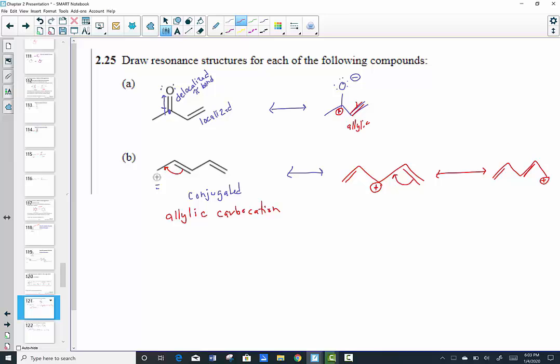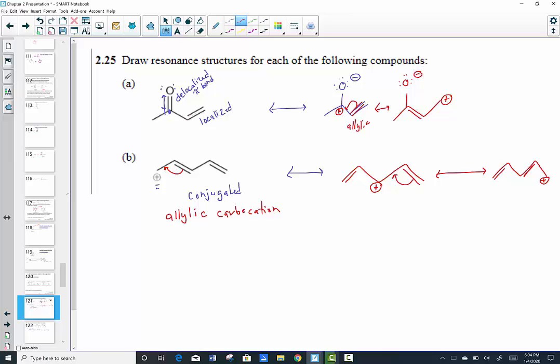Which means the pi bond can then move, and we would have, here's the negative. The pi bond now is here, and the positive charge has moved over here on that particular carbocation. So now there are indeed 3 structures for this one as well.